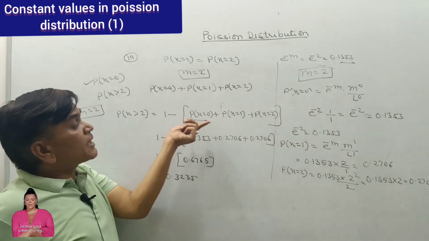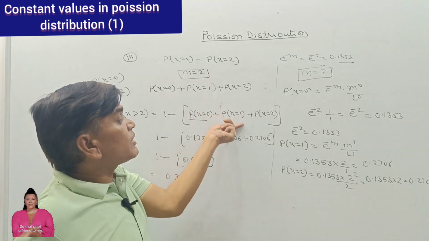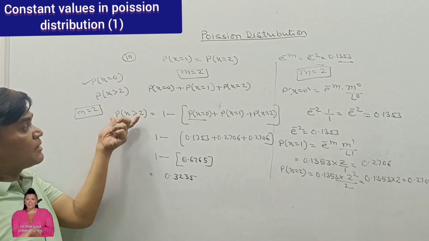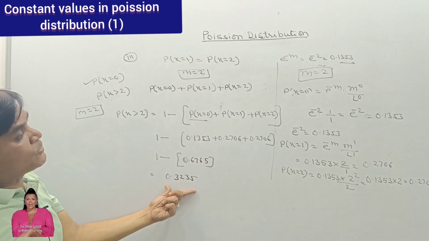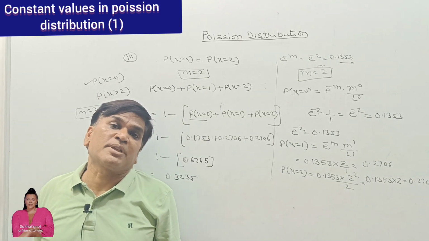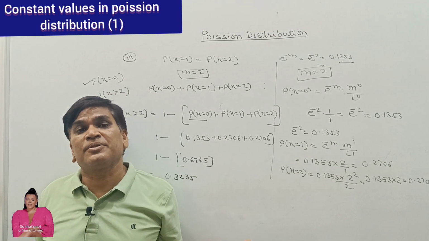So 1 minus P(x=0), P(x=1), P(x=2). If deducted from 1, we get P(x>2) as 0.3235. In this manner, if a Poisson distribution question comes, you can solve it, no problem at all.